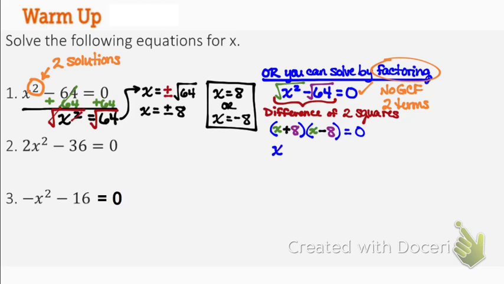And then I take each of these factors and set them equal to 0 to solve them. So here I would subtract 8 from both sides, and I would have that x is negative 8. Over here I can add 8 to both sides, and I get that x is positive 8.